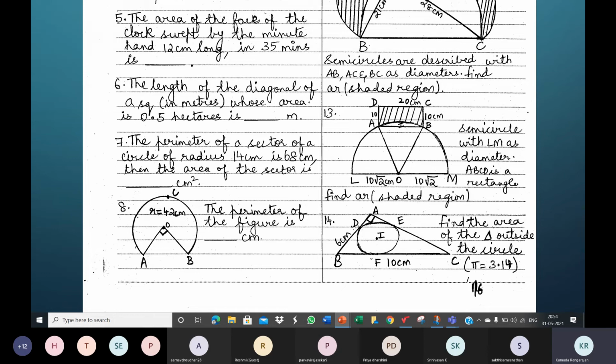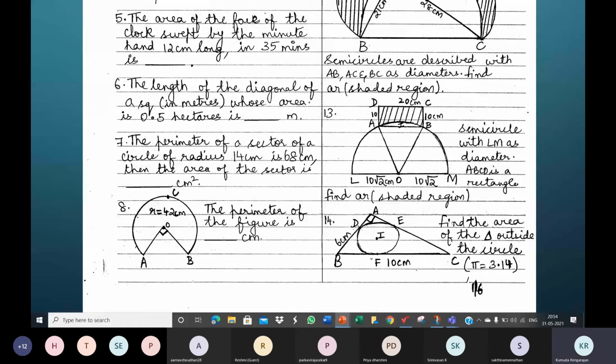What's the value of the perimeter of the figure? 282, ma'am. How much? 282. But I heard somebody else say 150.